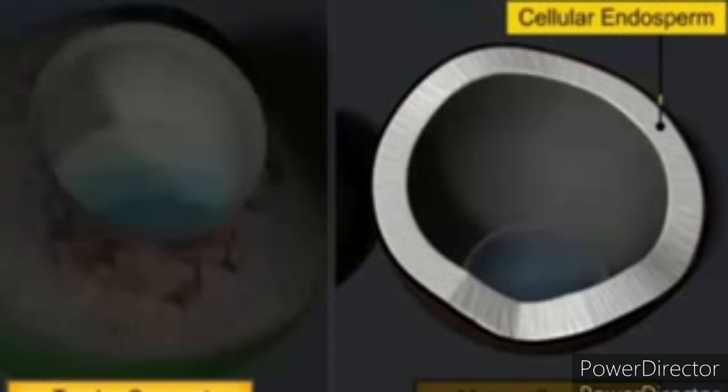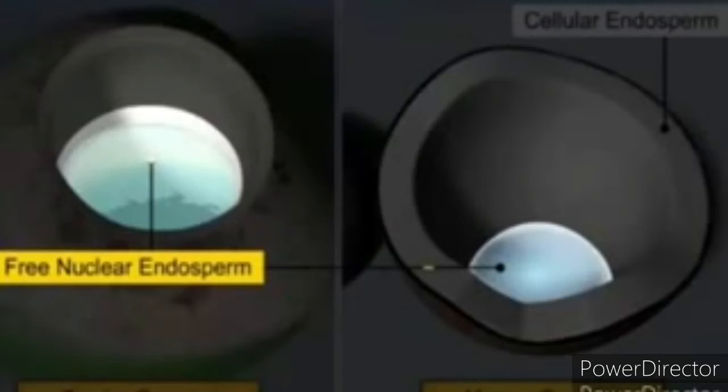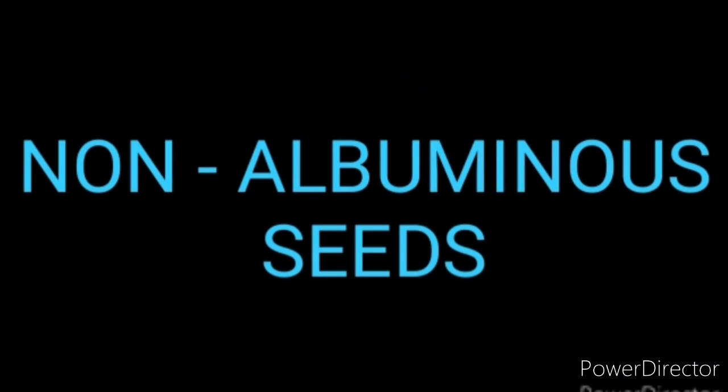When the coconut becomes mature, the white kernel is formed with the cellular endosperm. So in the beginning stage it is the free nuclear endosperm, and when it becomes mature, it is the cellular endosperm.